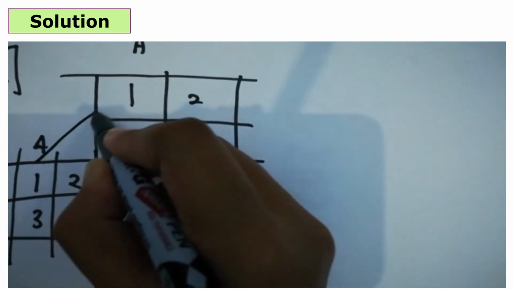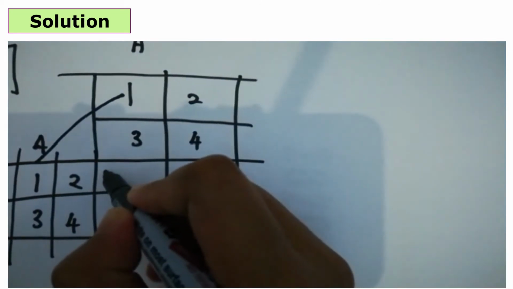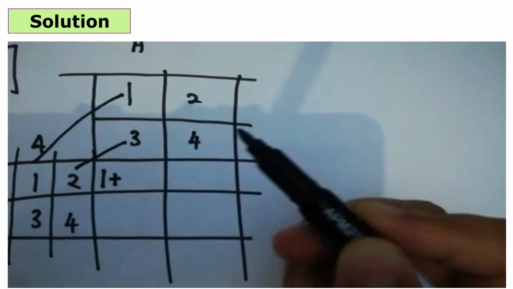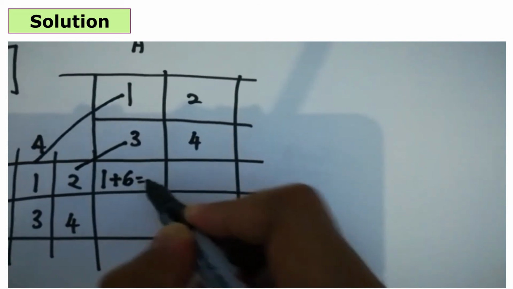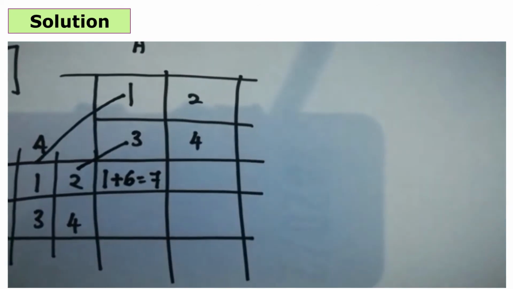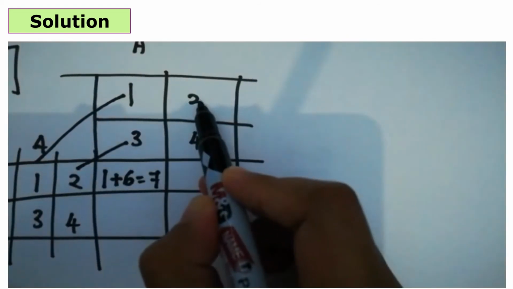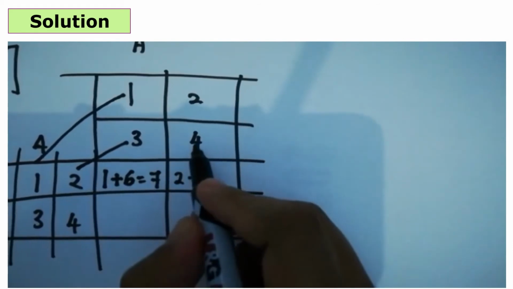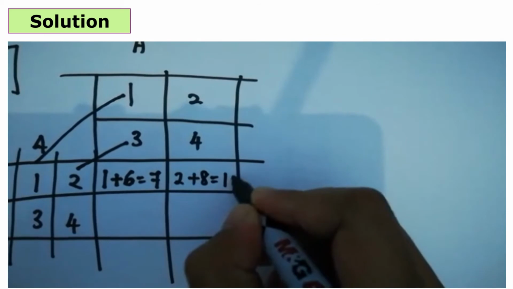Okay, so to find the product of AA, we just multiply 1 with number 1, which is 1, plus 2 times 3 equal to 6. So 1 plus 6 equal to 7. Next, 1 times 2, 2, plus 2 times 4 is equal to 10.